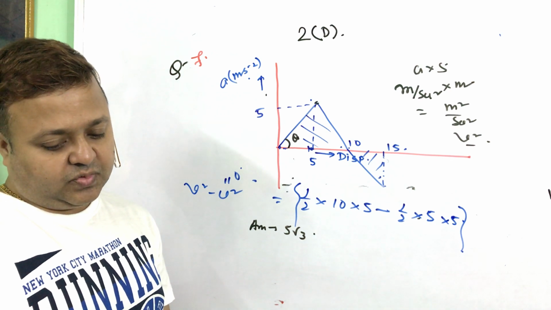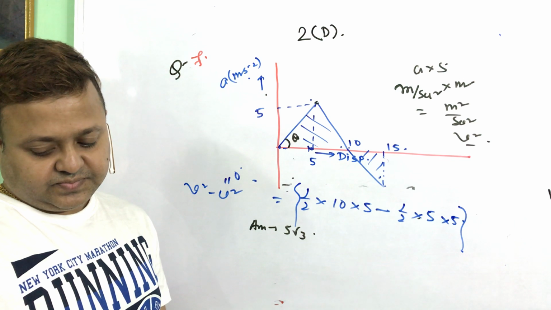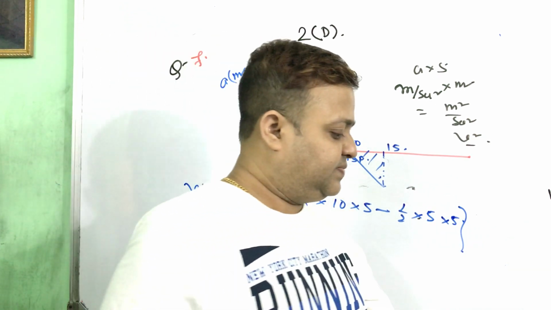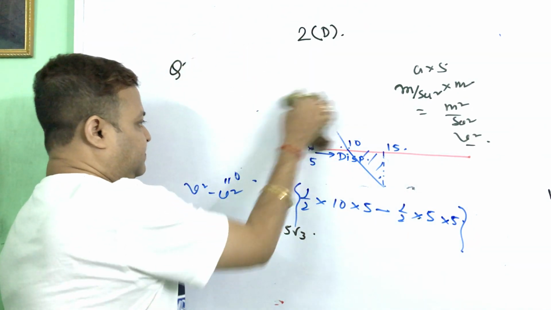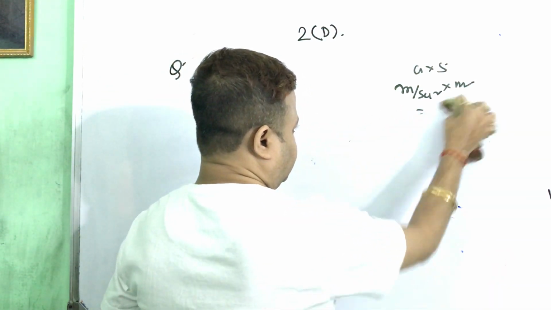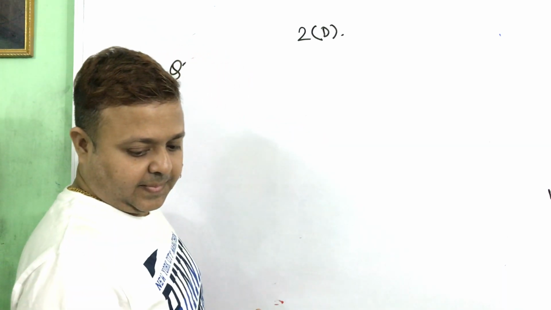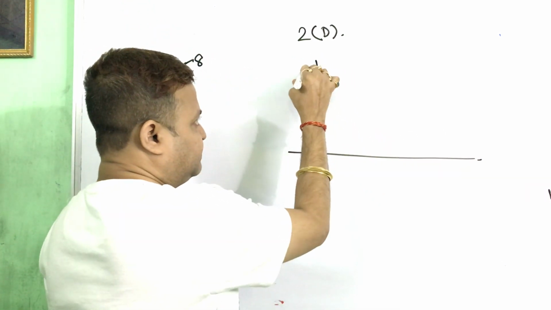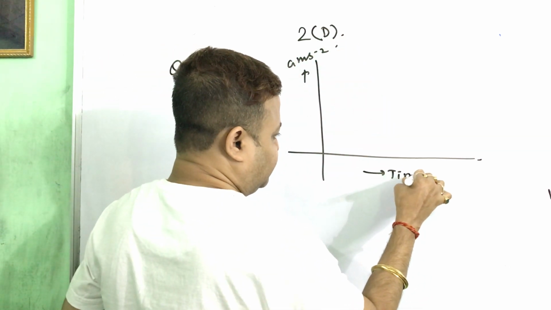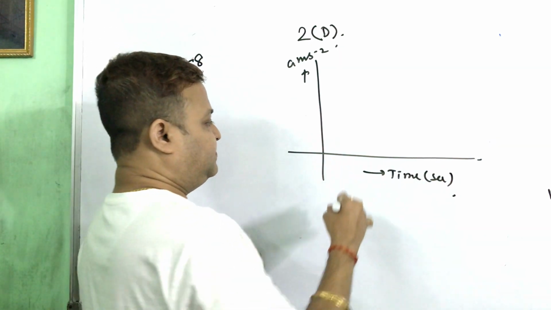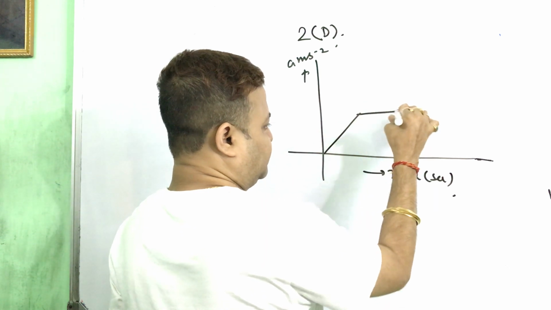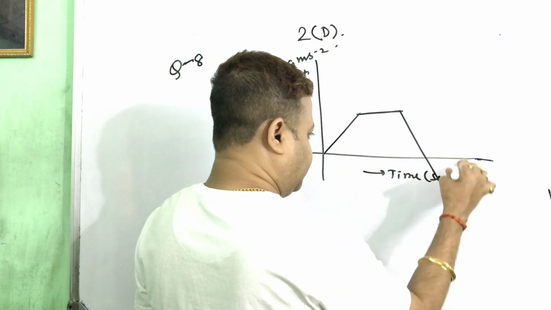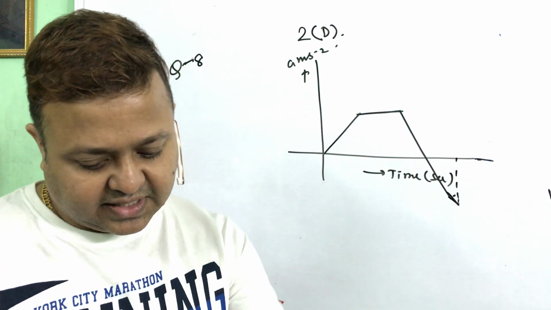At t equal to 0, velocity of the particle is 2. Find the velocity of the particle at t equal to 4. This is the same thing, we did this type of question. Acceleration versus time curve. Look, it is given in the diagram, the assignment that I gave.